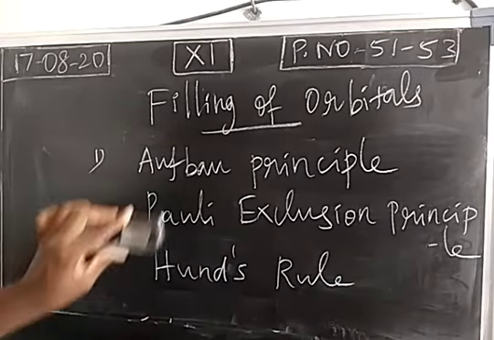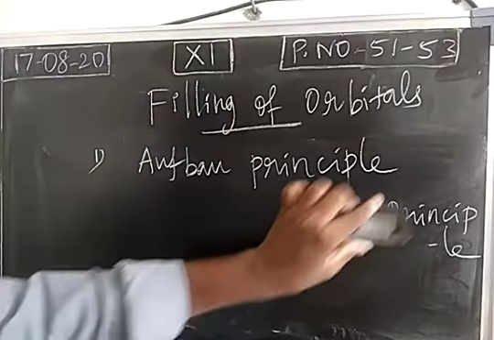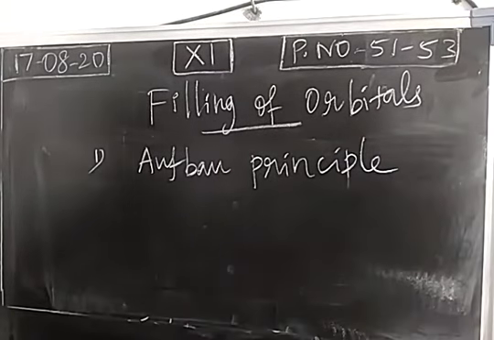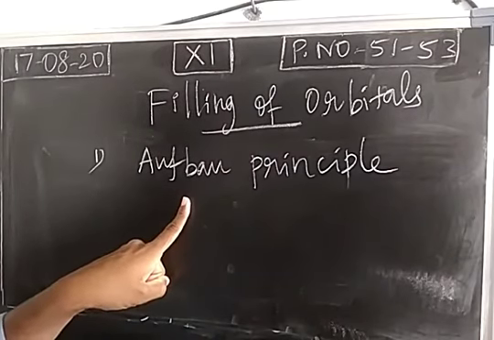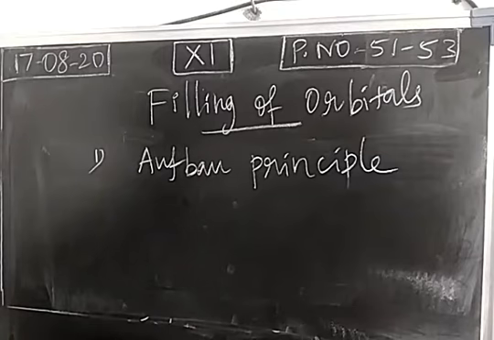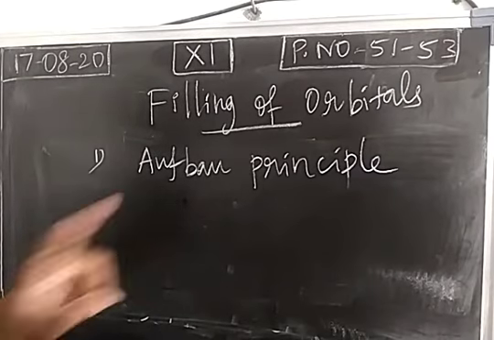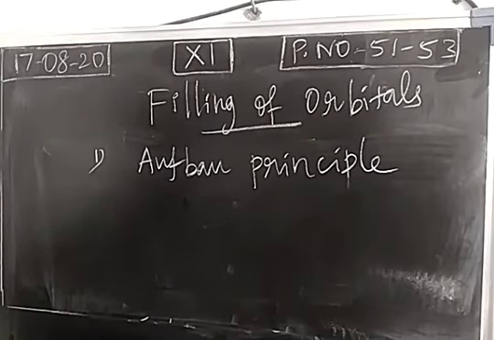One by one we will discuss. First, Aufbau principle. Each principle is a public question: Aufbau, Pauli exclusion principle and Hund's rule. Aufbau principle says electrons first occupy lower energy orbitals, then they occupy higher energy orbitals. So when electrons are arranged in the orbitals of an atom, first they occupy the lower energy orbital.